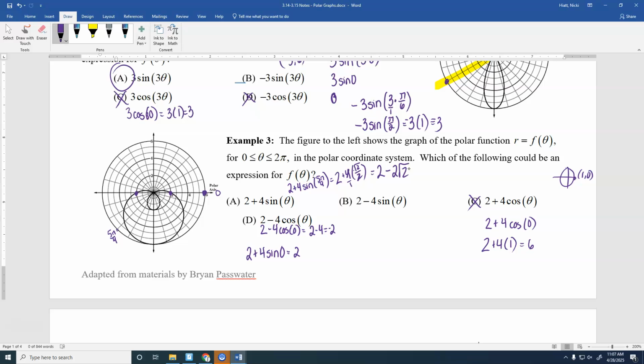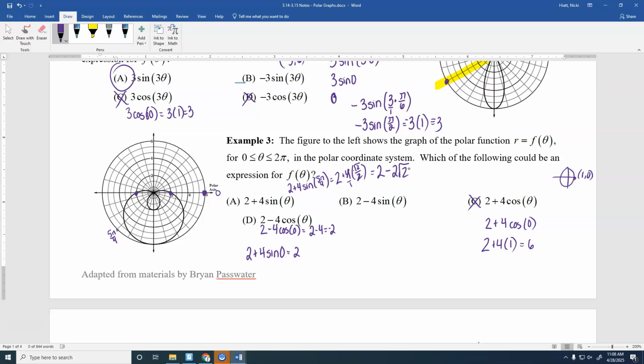Well, let's think about it. 2 minus 2 square root of 2, is it going to be positive or negative? No. If it was 2 minus square root of 2, it would be positive. But it's 2 times square root of 2. Square root of 2 is bigger than 1, right? Because square root of 1 is 1.